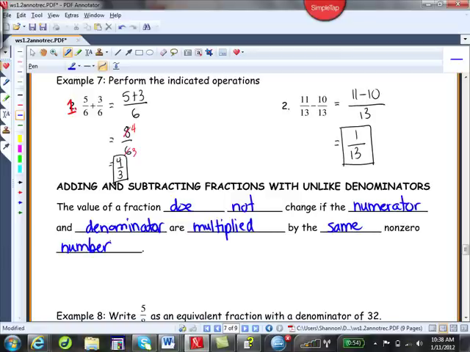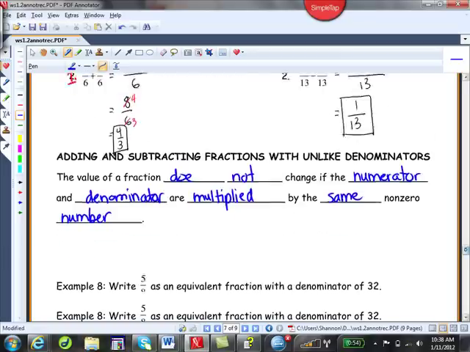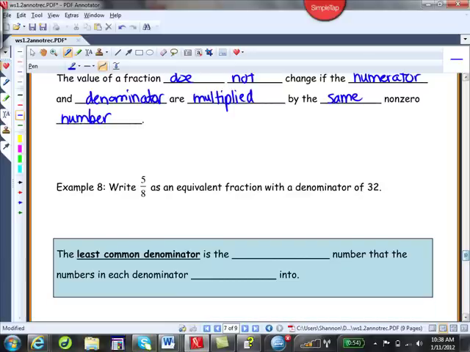So let's work on equivalent fractions real quick so that we can extend that skill into adding and subtracting fractions with unlike denominators.